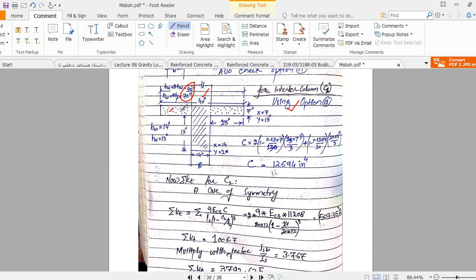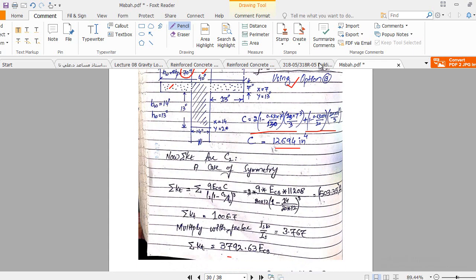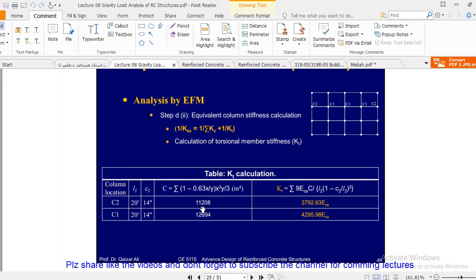In the section, this dotted one will be section 1, and the section having slash lines will be our section 2. Using the formula of C, you find 12694, and this one is 11284. As you already saw in this lecture, 11208 and 12694. From where these values come, I already explained it.